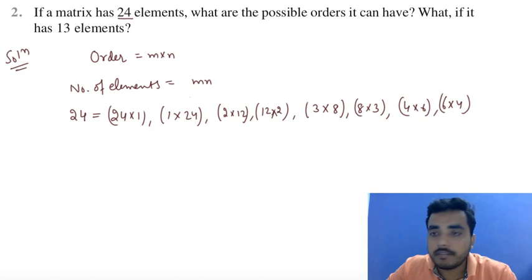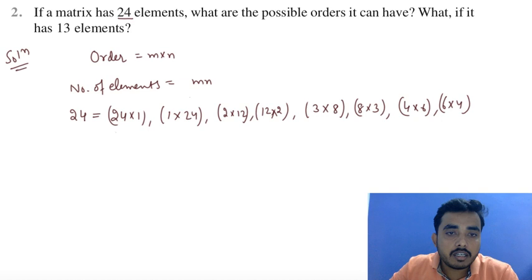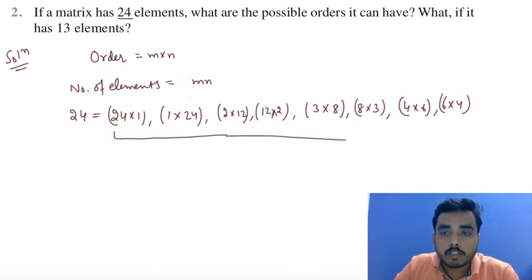After that 5, 6, 7, 8, no. So these are all 8 orders which are possible.